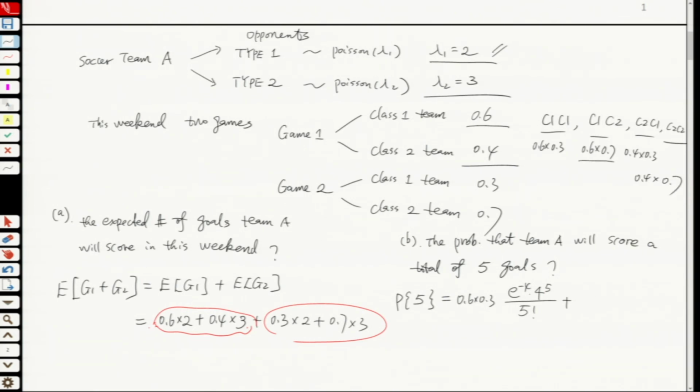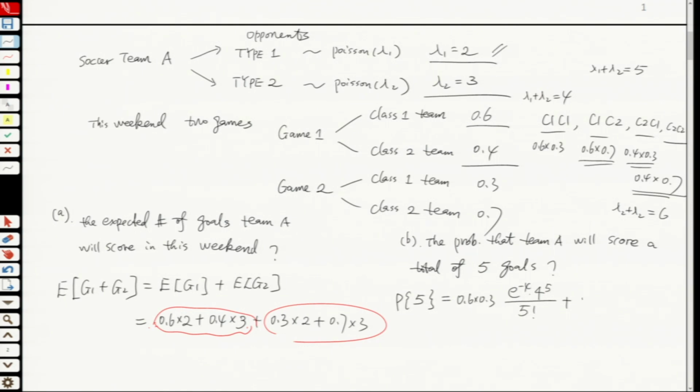For these two, the lambda is lambda 1 plus lambda 2, so this equals 5. For this one, lambda 1 plus lambda 1 equals 4. For the last one, lambda 2 plus lambda 2 equals 6. Because the lambda is the same, we're going to merge these two together.